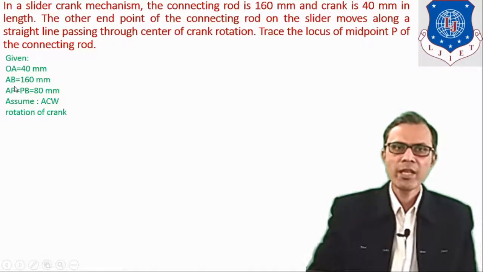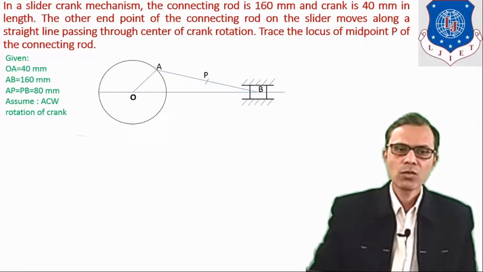Let's take AB as the connecting rod. So AB is 160 mm, and the point P is the midpoint of the connecting rod. So AP is equal to PB equal to 80 mm, and let's assume that rotation of crank is in anti-clockwise direction. So it is the given mechanism.